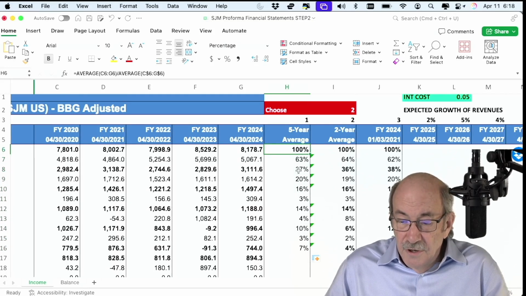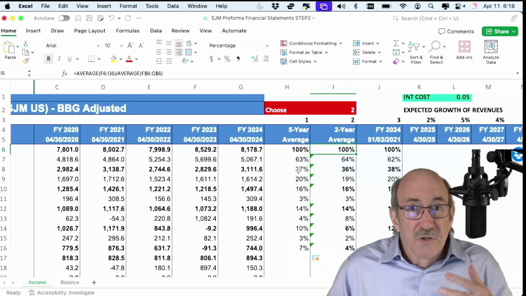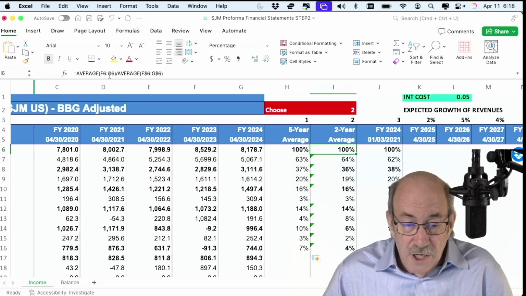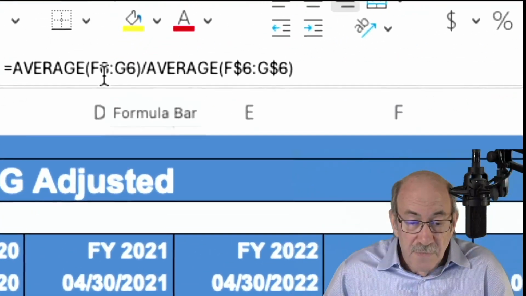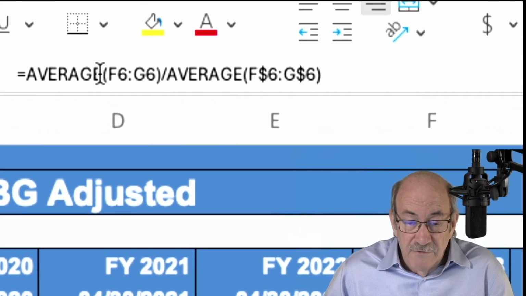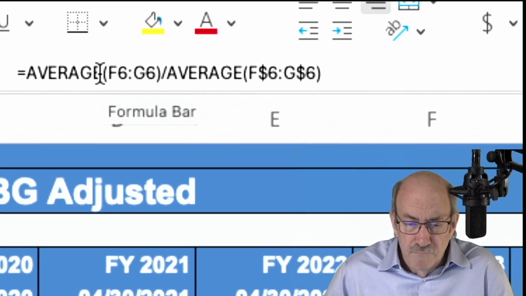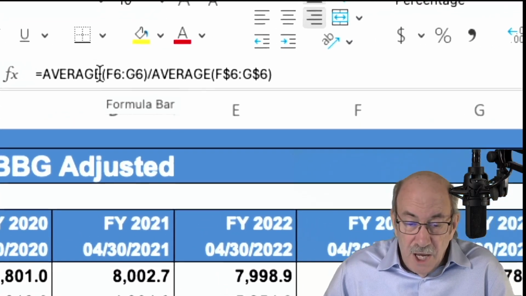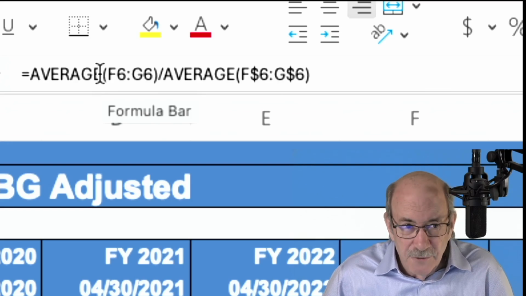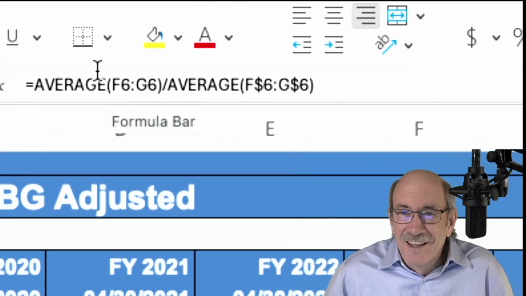Now, the other two columns, this one is just 2 years. So again, notice my formula here. It's the average of row 6. Wait a minute. Oh yeah, because I'm on revenue here. I was going to say, what the heck?